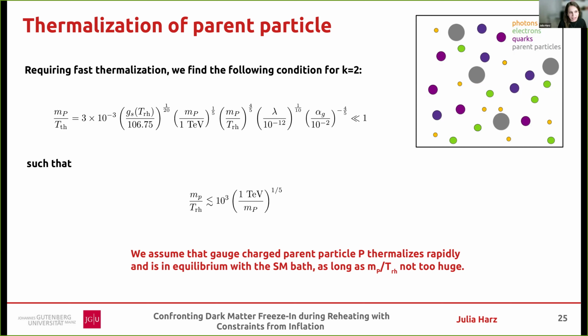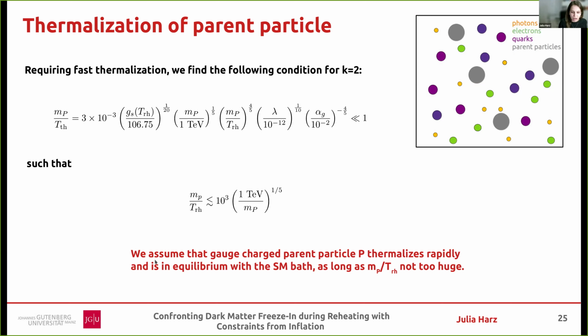So we did an estimate, and in principle, what we found is that in order to require fast thermalization of the parent particle, so that we can assume it's in equilibrium with the standard model bath, the condition is that the ratio of the parent particle mass with respect to the reheating temperature should be of a moderate scale.